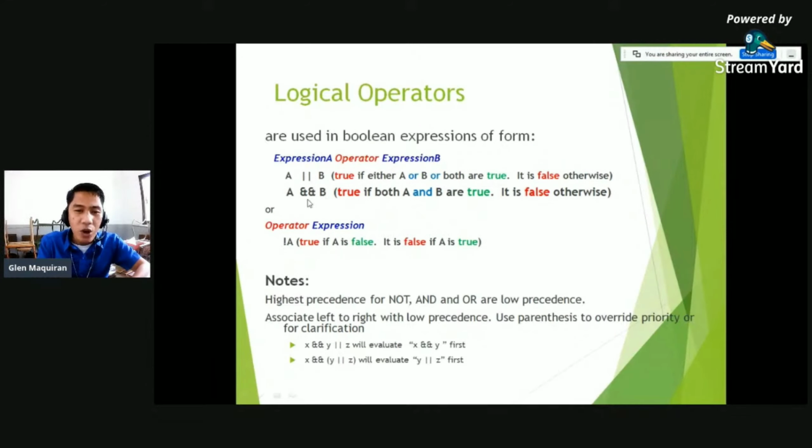Ito naman sa A and B. Ito po ang and, double and. True if both A and B are true, it is false otherwise. Example, bulak and chocolate. So the program will read both of the conditions you declared.